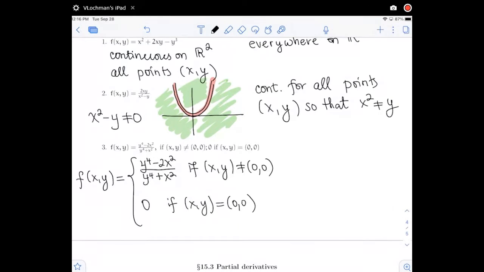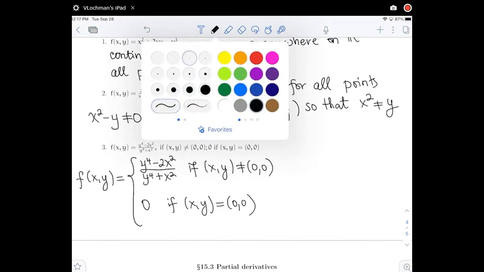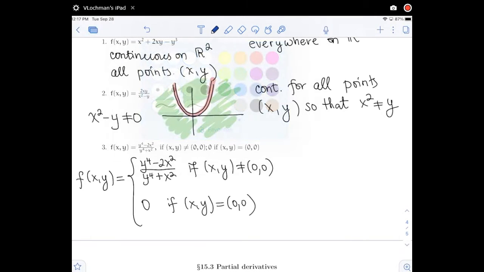Okay, that's my piecewise defined function. Where is this function continuous? Now we have to be a little bit more careful because we need to consider continuity at a point. That is something we've covered in Calculus 1, so it might have been a long time since you talked about that concept. Let me go ahead and remind you. What is continuity at a point?